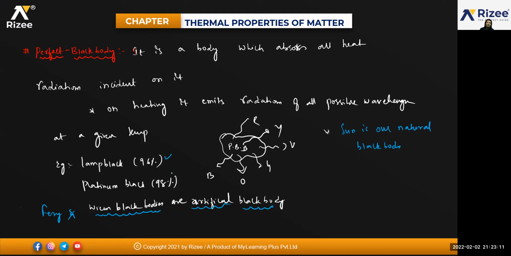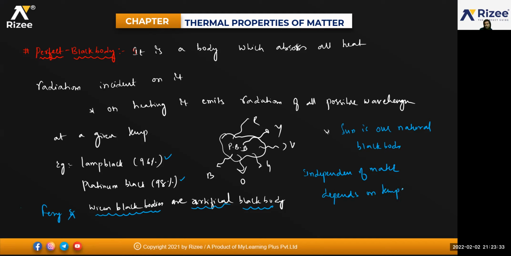Lamp black is almost a 96% perfect black body, and platinum black too. Whatever heat absorbing it does, it is not depending upon the nature of the material. It is independent of material and depends on temperature.